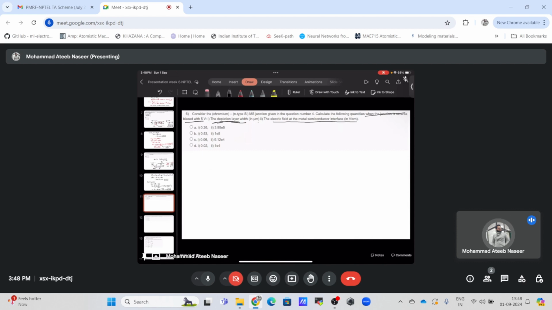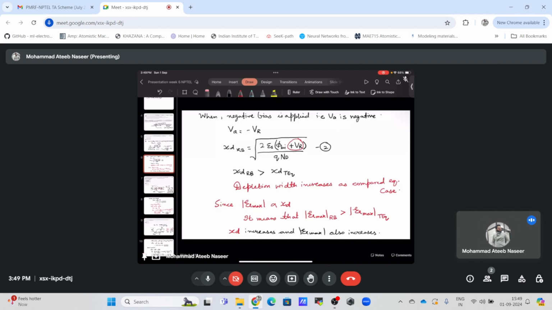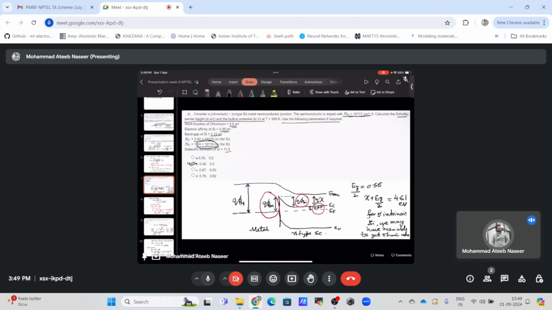What do we need for this depletion width? The depletion width is 2 times epsilon s times (phi bi minus VA, the applied bias) divided by q times ND. Let's go to question 4 and see what values we need.